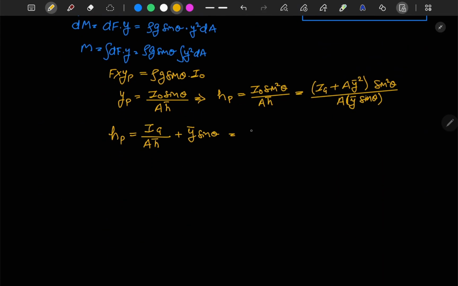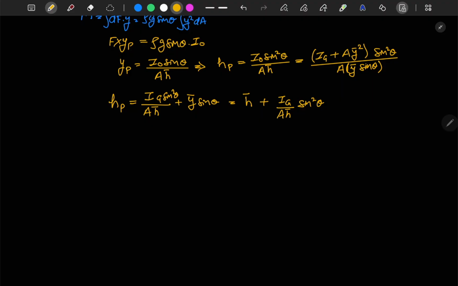So this will be h bar, and here I forgot to mention sine square theta, so plus Ig upon A h bar times sine square theta.